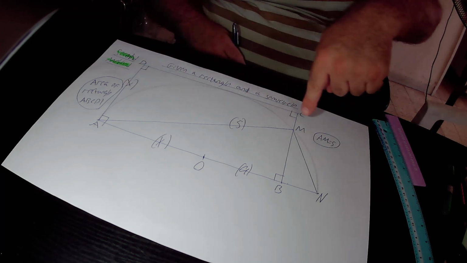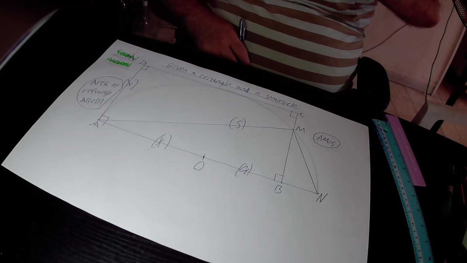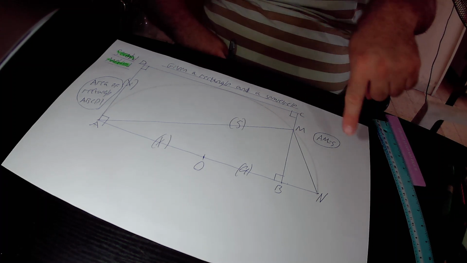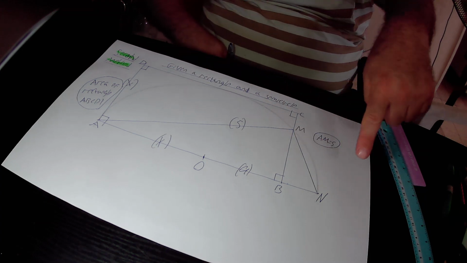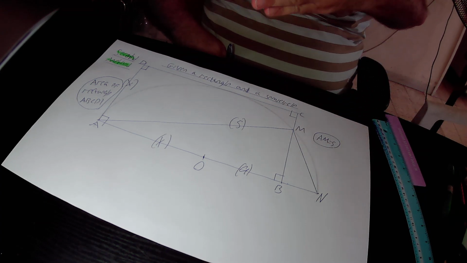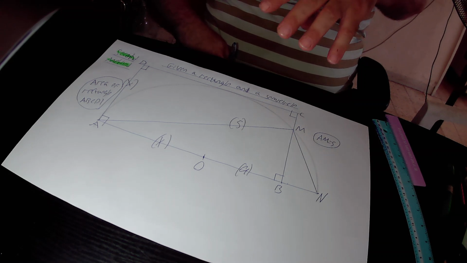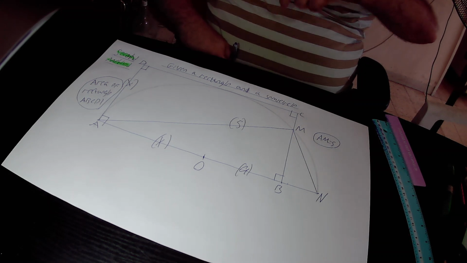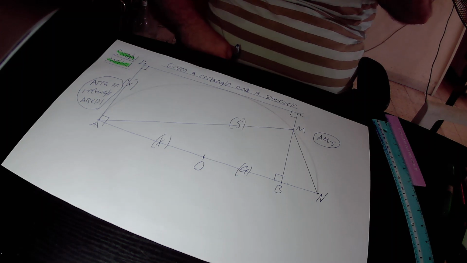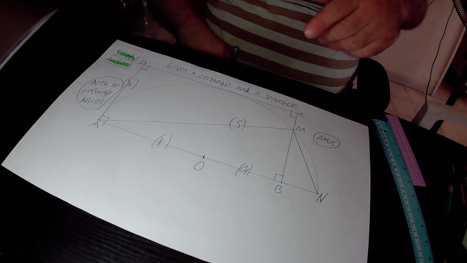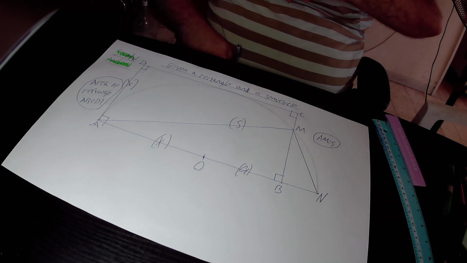This is peripheral angle AMN, and because this peripheral angle AMN subtends on AN, that is the diameter of the semicircle, therefore, according to rule 7, any peripheral angle that subtends on the diameter of the circle must be equal to 90 degrees in its size. And therefore, this peripheral angle AMN must be equal to 90 degrees.